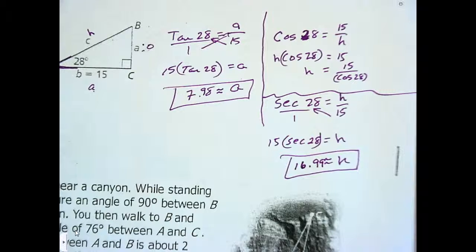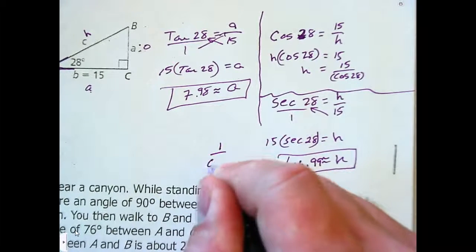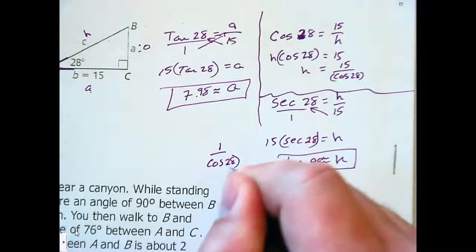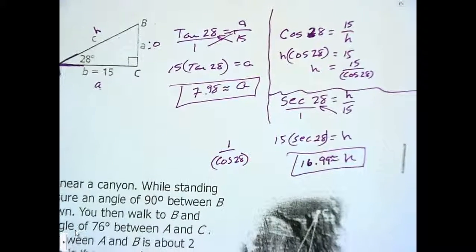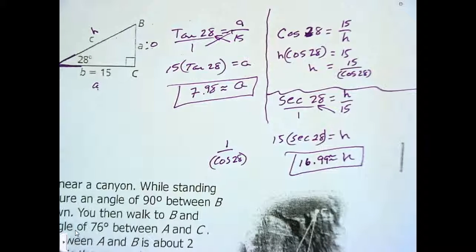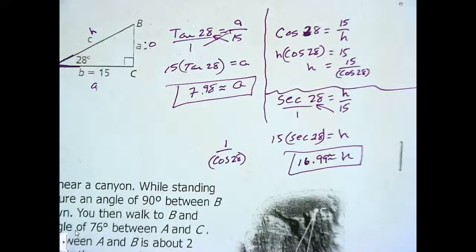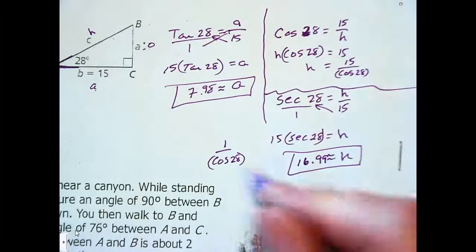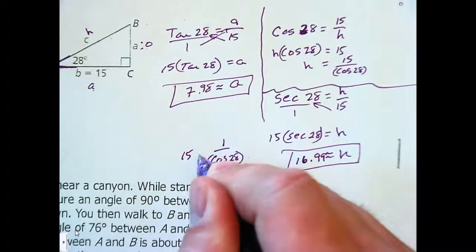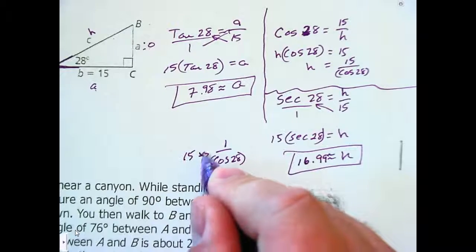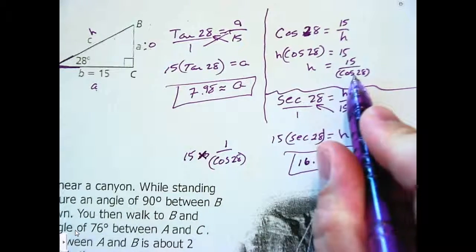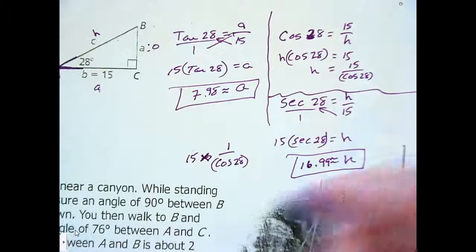Well, secant is the same as 1 over cos. You could put it like that as well. So it'd be 15 times 1 over cos, which is the same as that. Just so you know.